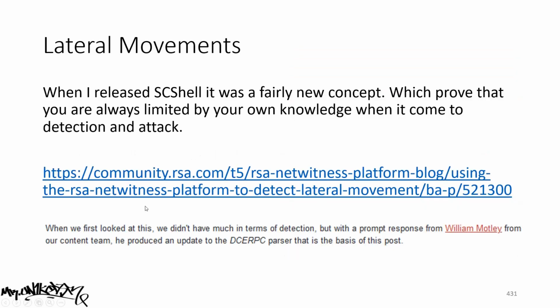The cool thing about that is when I released it, someone at RSA, which has their NetWitness agent, found this interesting. When we first looked at this, we didn't have much in terms of detection, but with a prompt response from William Mutley from our content team, we produced an update to the DCERPC parser.